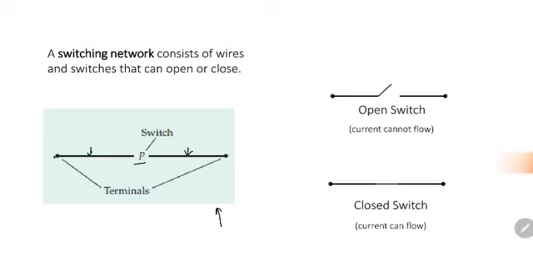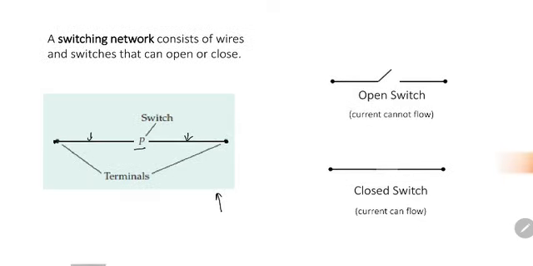You have terminals here, the dots. Essentially, the goal is for the current, or the electricity, to be able to flow from one terminal to another. A switch can, as mentioned, be open or closed, because a switch acts as a gate.